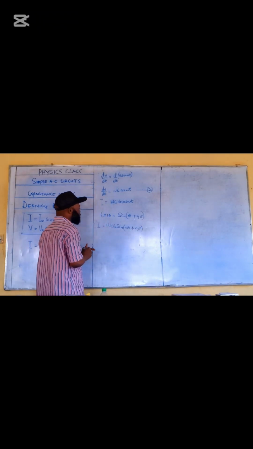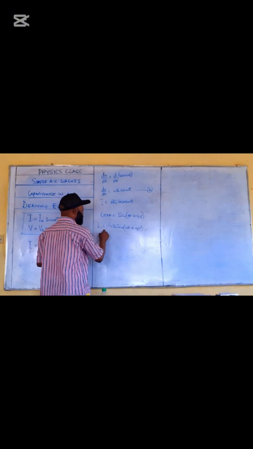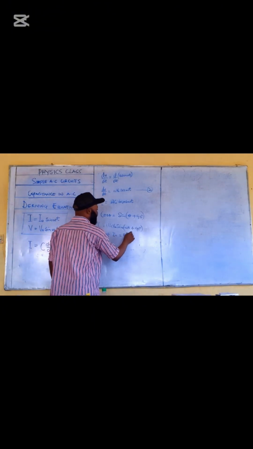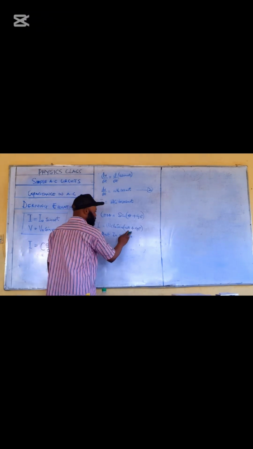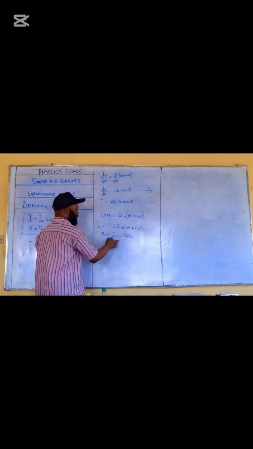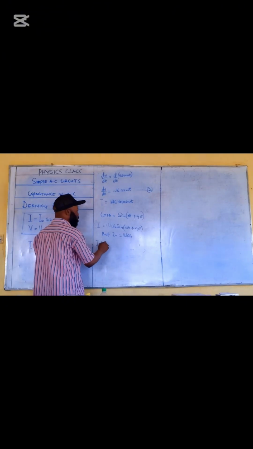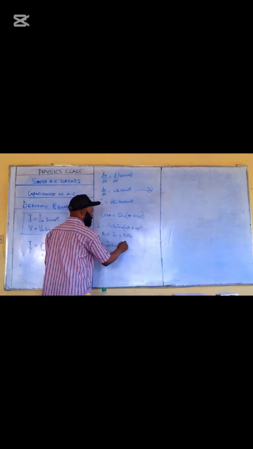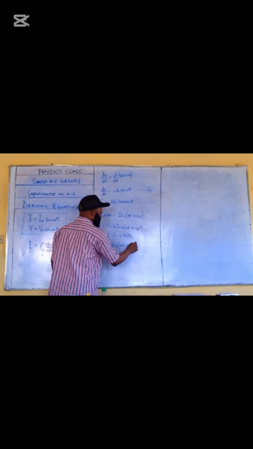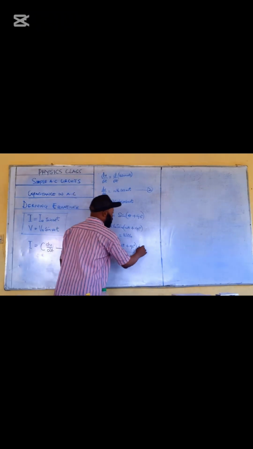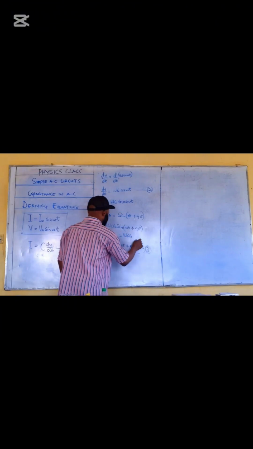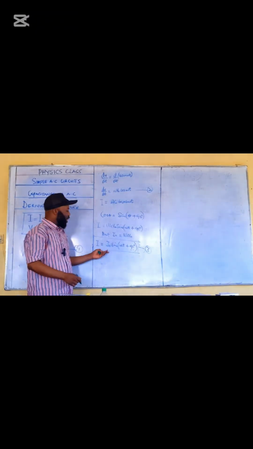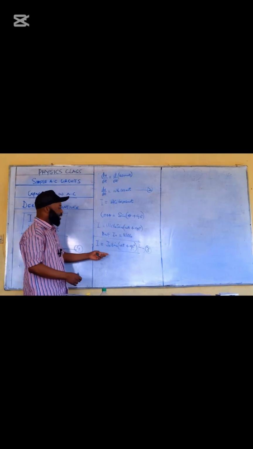But I naught is the same thing as WC V naught. That means we can therefore have I is equal to I naught sine open bracket WT plus 90 degrees. This equation 3 is our equation for the instantaneous current when a capacitance is in AC.